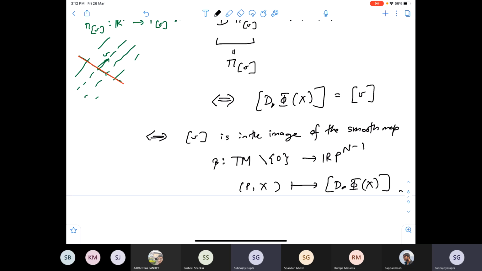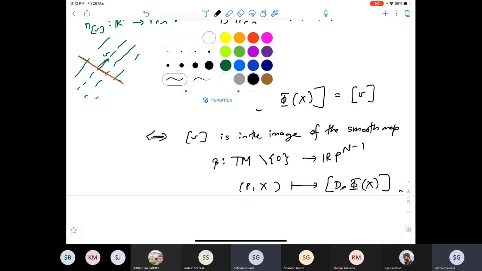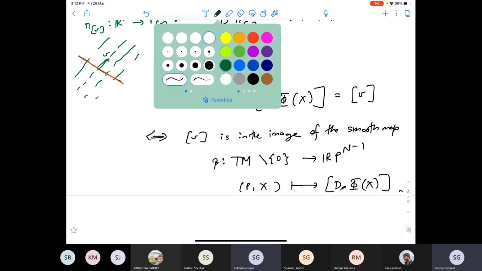For every point on the manifold and every tangent vector, you can look at dp phi of x. This is well defined unless x is equal to 0, because then dp phi of x is the zero vector in R^n, and that doesn't define any point in RP^(n-1). So to make it non-zero, you have to throw out the 0 section. That's what I mean by this minus 0.